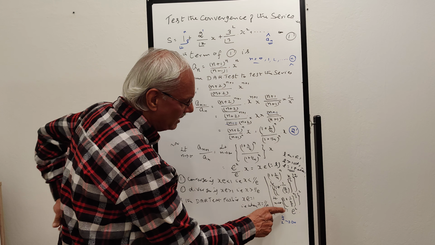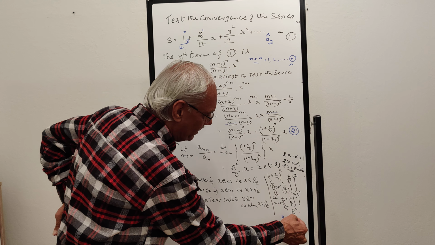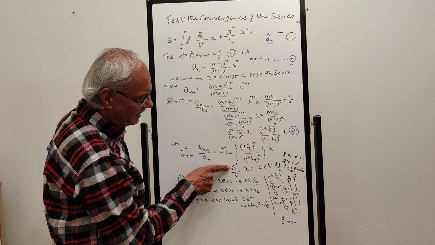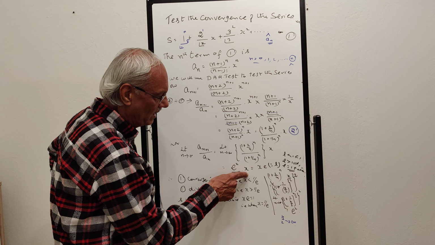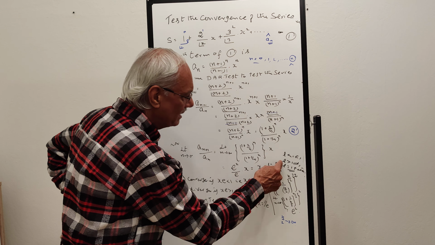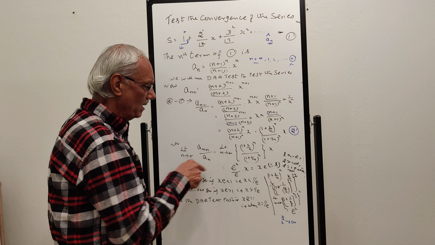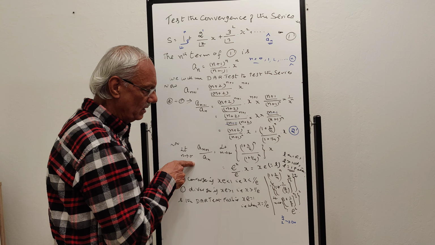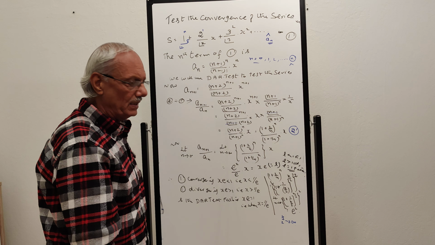So when this tends to infinity, this is nothing but e. This is also e. That is nothing but your e squared. So that is why I have written it as e squared divided by e into x, which is equal to xe. This is your L. So a(n+1) divided by a(n) by D'Alembert's test, n tending to infinity, is nothing but your L, which is namely your xe.